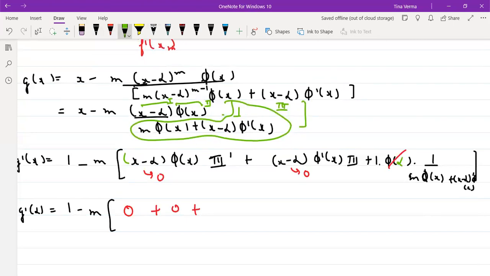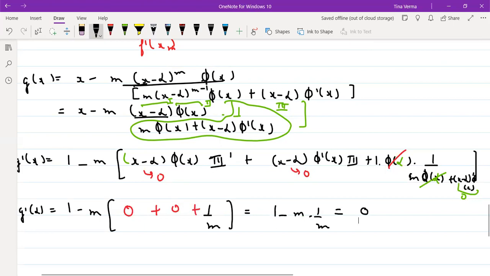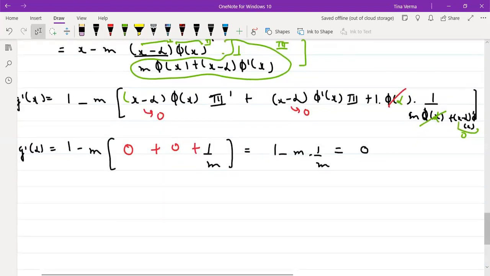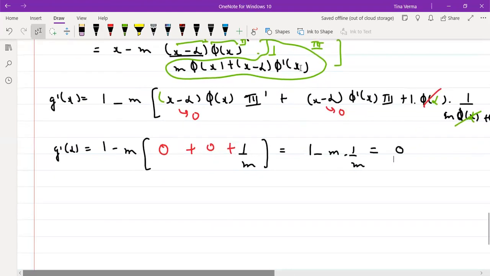So when I take this alpha, this term will become 0. So this will cancel out. So I am left with 1 by m. So here, this has become 1 minus m times 1 by m. So the first derivative has come out to be 0. That means if you use the modified Newton's method, then the convergence will be more than 1.